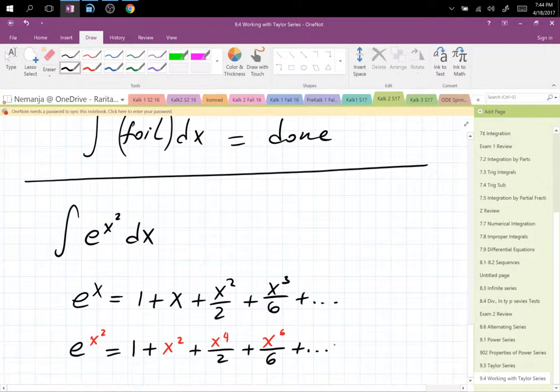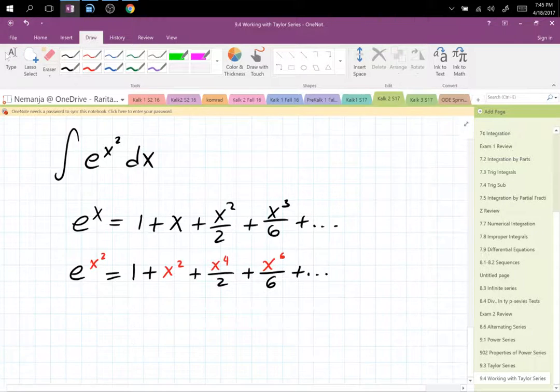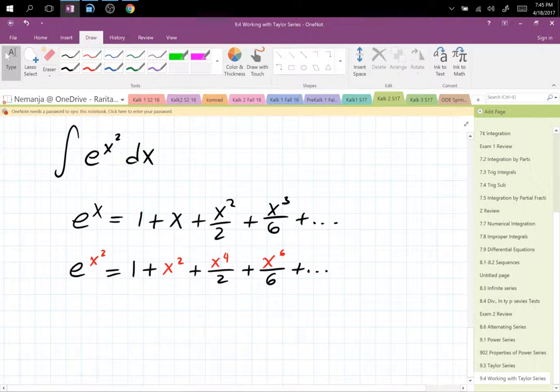Because every x became x squared, so x squared to the first power is x squared. X squared squared is 2 times 2 is 4. X squared cubed is 2 times 3 is 6. Right? So now, why wouldn't you square the bottom? No, you're just replacing x with x squared.